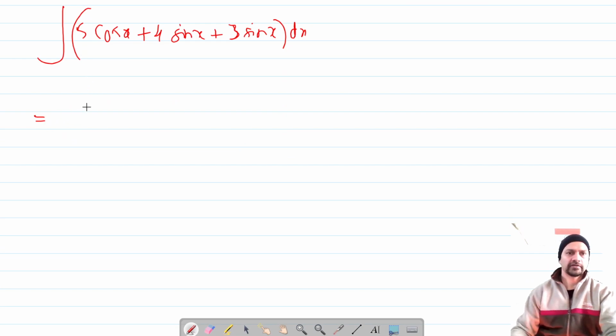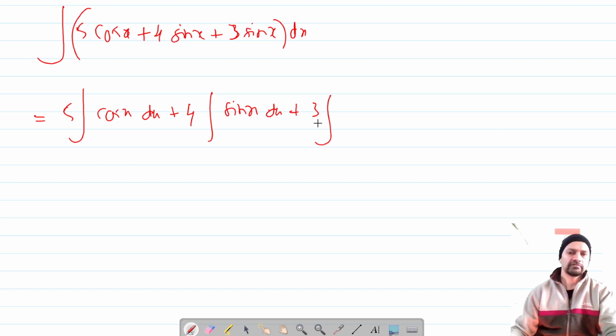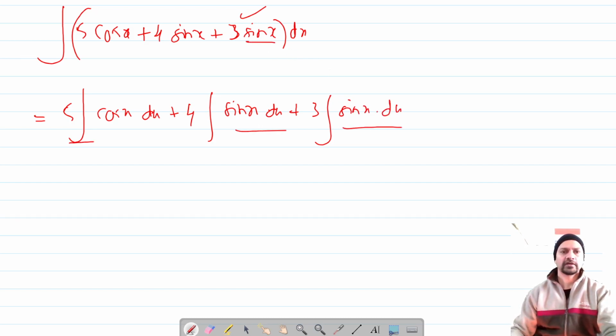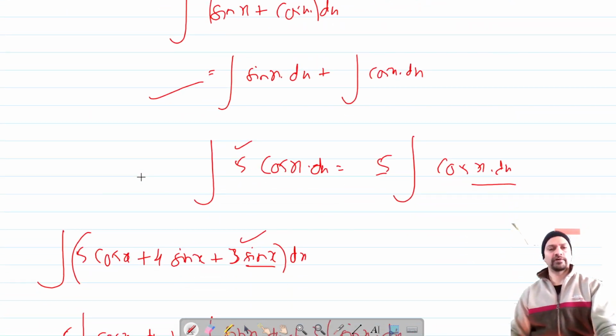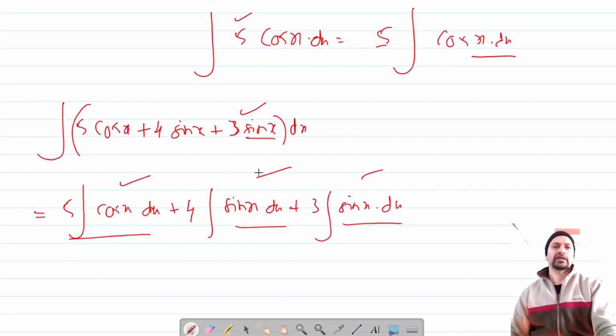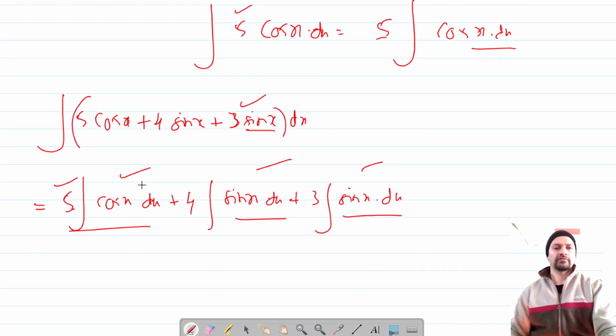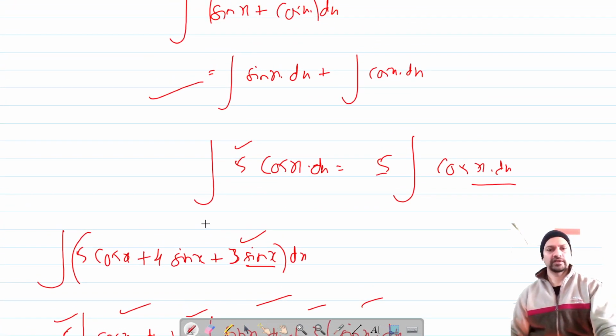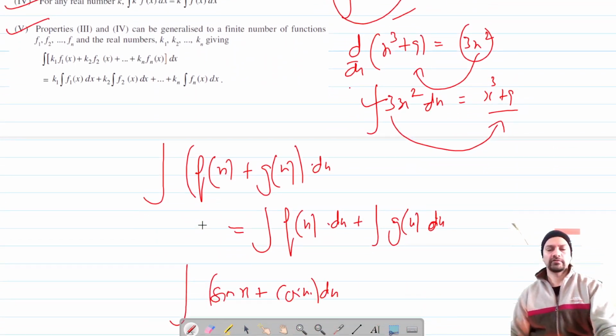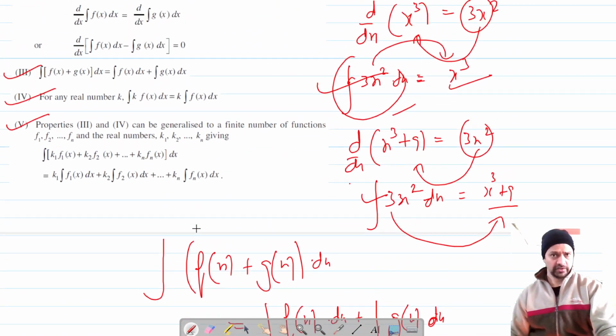This can be written as 5 times integration of cos x dx, plus 4 into integration of sin x, plus 3 into integration of sin x. So here we can separate the functions from their real numbers, given as the sum of the products of the functions with the real numbers.